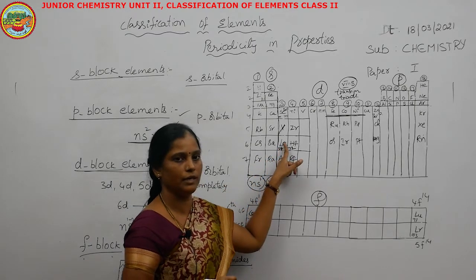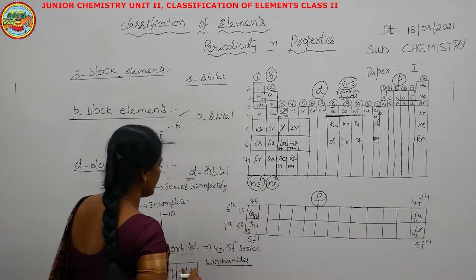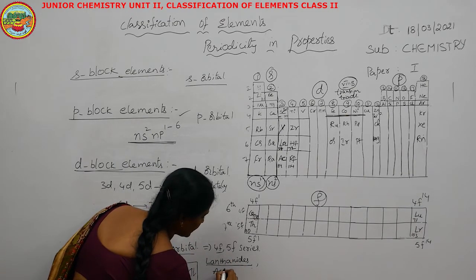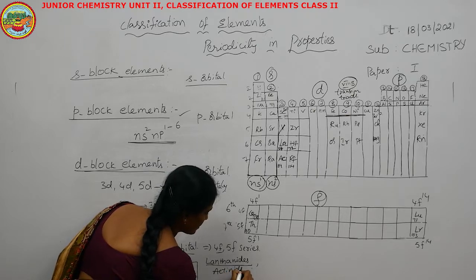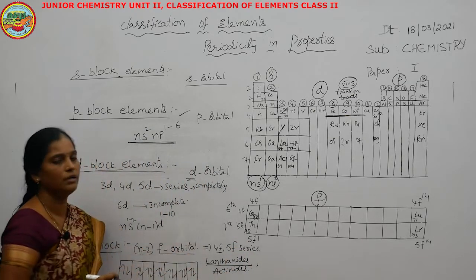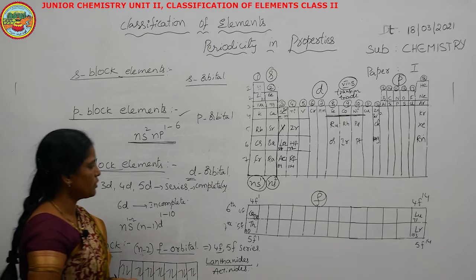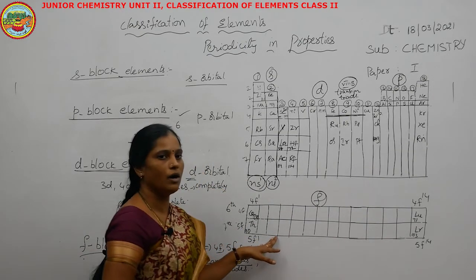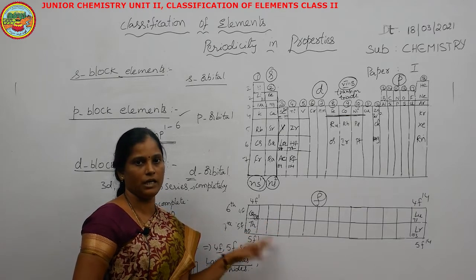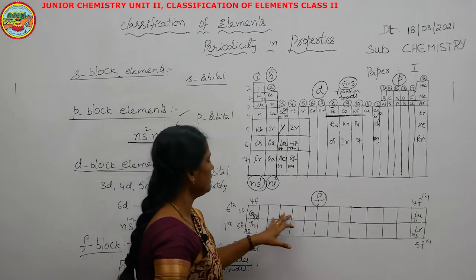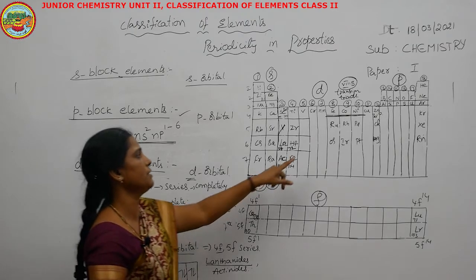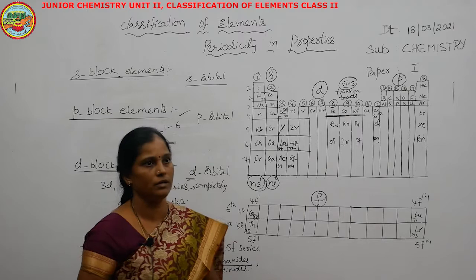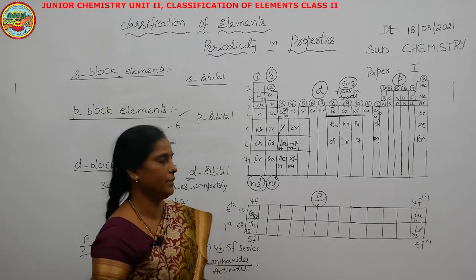They follow lanthanum. And the 5f series is called actinides. These two series, 4f and 5f, together are called inner transition elements. d block elements are called transition elements, and f block elements are called inner transition elements.